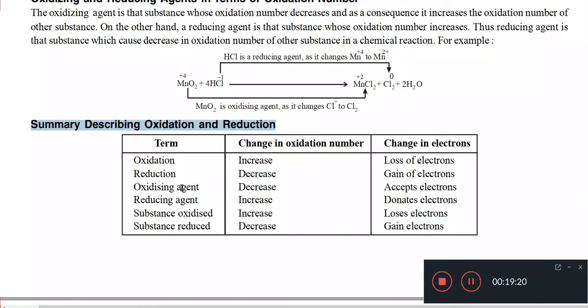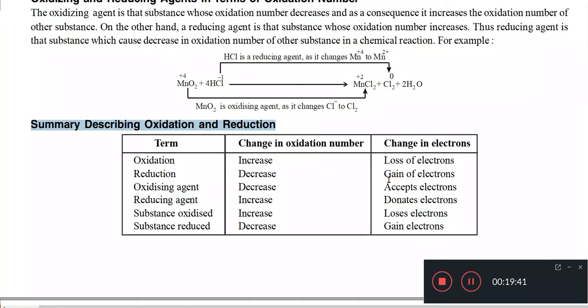What is an oxidizing agent? An oxidizing agent is the one which undergoes reduction. So an oxidizing agent has the same properties as reduction. So here also oxidation number decreases, and gain or acceptance of electrons takes place.